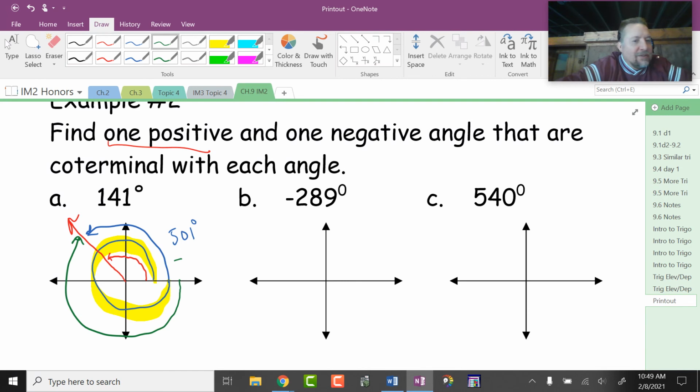You use your calculator too, although on a test, this might be a no calculator part. You just might have to write some math down. Wait, hold on, now I'm confusing myself. Okay, you can use your calculator if you want. You know it's over negative 180, I hope, right? So that should kind of give you an idea of what the relationship between 141 and another angle measure is.